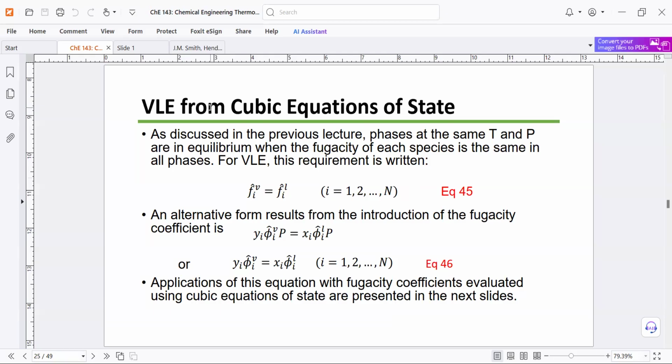Because in the ideal gas law, we assume that there's no molecular volume and there's no interaction between the molecules. But for the higher cubic equations of state, we now account for it. And we will use these cubic equations of state in analyzing VLE.